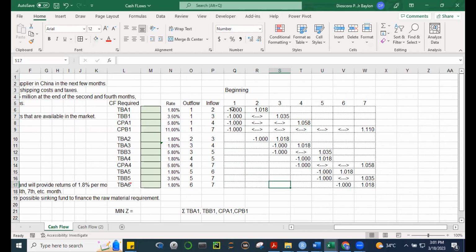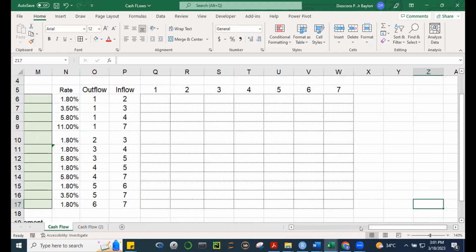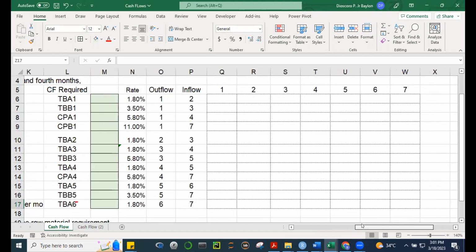Okay, so let's delete this. So we just need one formula. All right. So just apply the logical.